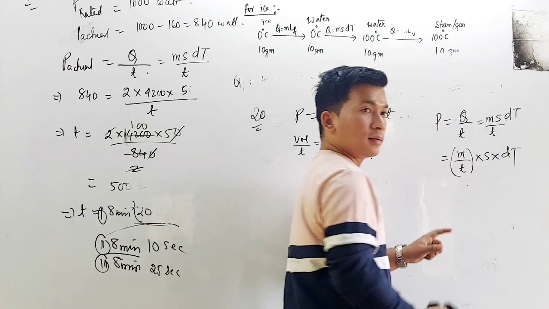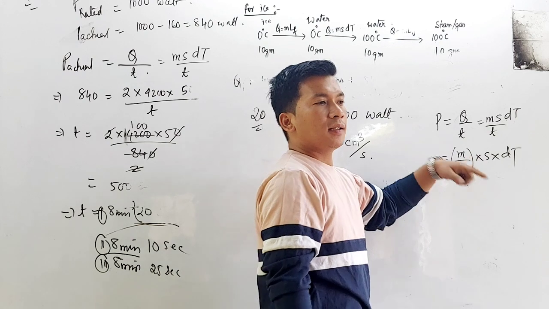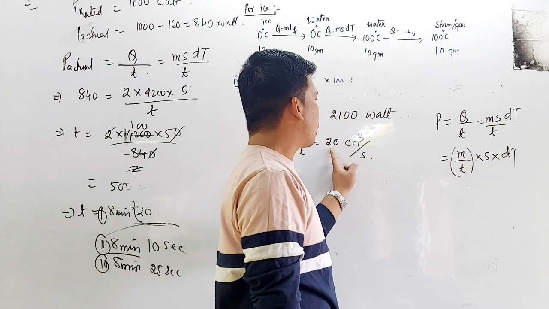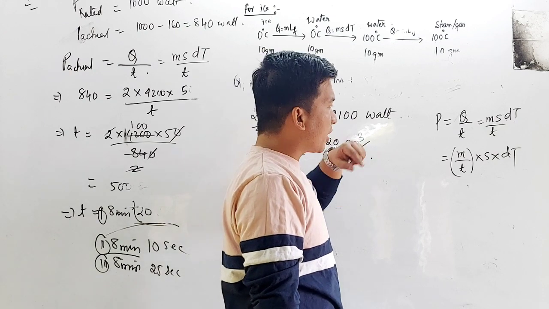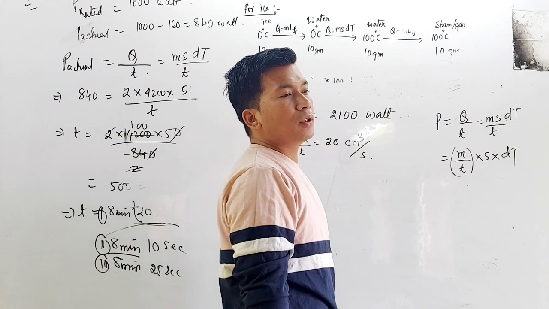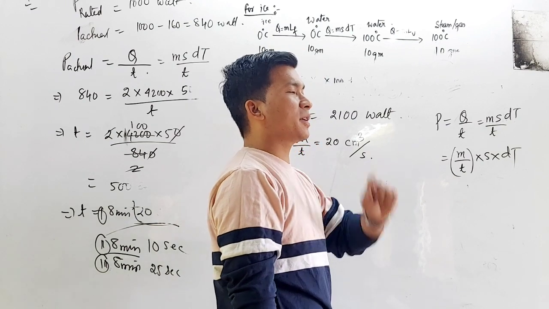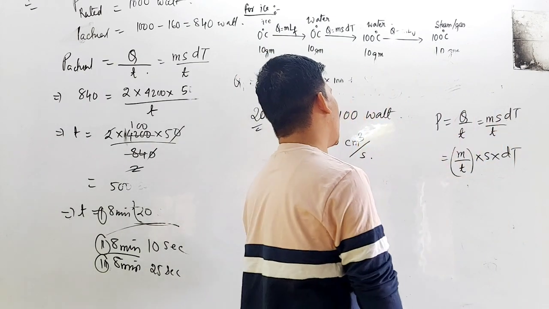Once we know the volume, what is the volume here? 20 cubic centimeter. This 20 cubic centimeter is to be converted into liter. 1 liter of water is equal to 1 kg, very simple, very short.